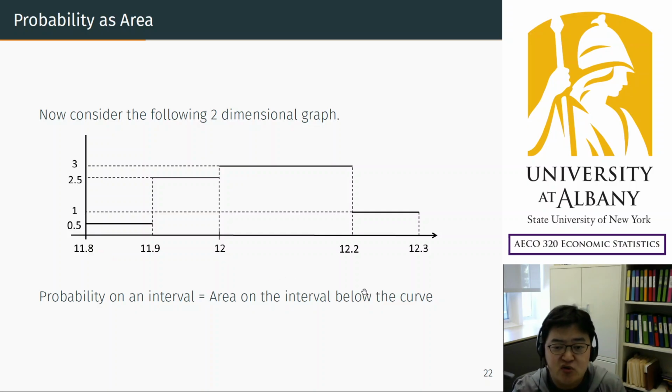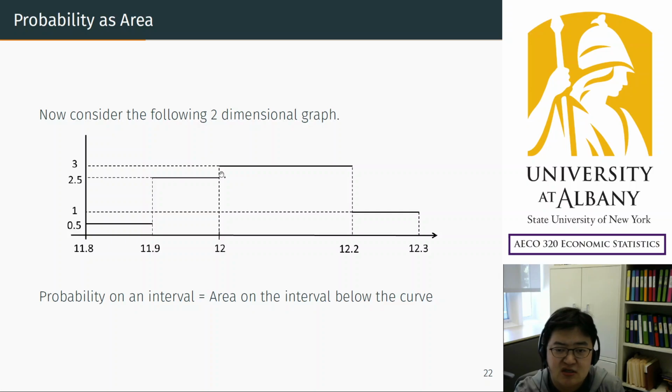So what we are going to do here is, when you define an interval, for example, between 11.9 to 12, earlier I told you to calculate the length, but actually that was not general enough. Now what you calculate is the area on top of that interval, on the interval below the curve, below this additional graph.